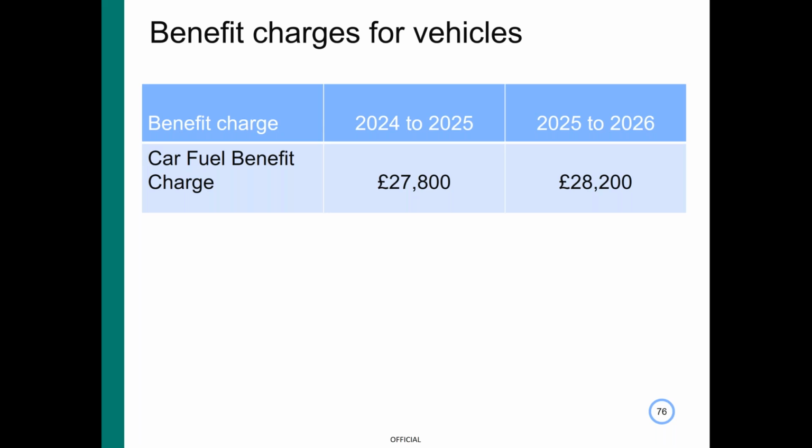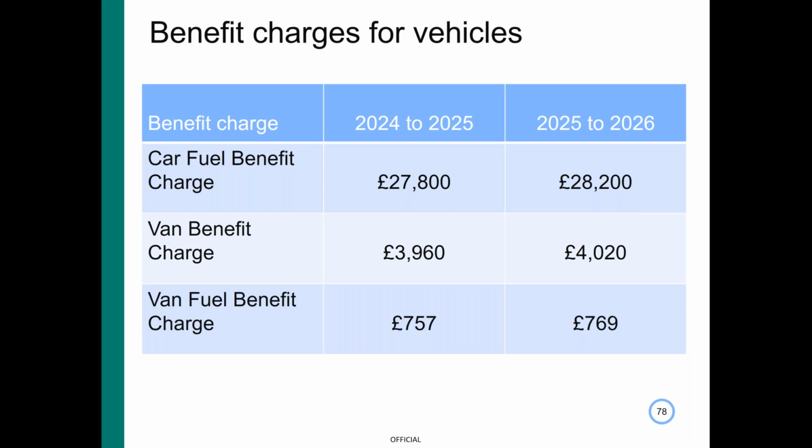The van benefit charge increases from £3,960 to £4,020. This will apply to employees who have unrestricted private use of a company van. The van fuel benefit charge increases from £757 to £769. Use this where private fuel is provided and the employee does not reimburse you fully for this.